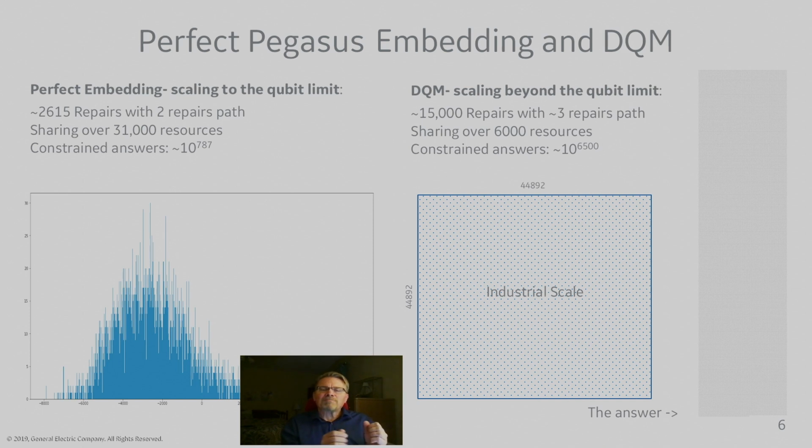And we created a synthetic problem that was in essence equivalent to 44,500 qubits, something that won't fit on a machine for many, many years. But we're able to use this hybrid approach to get an answer.